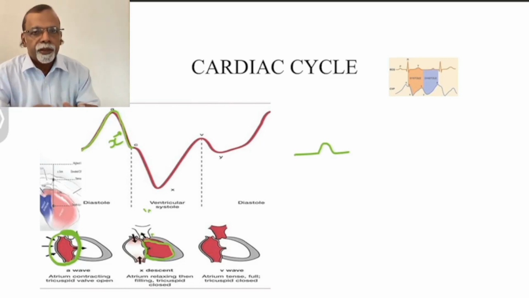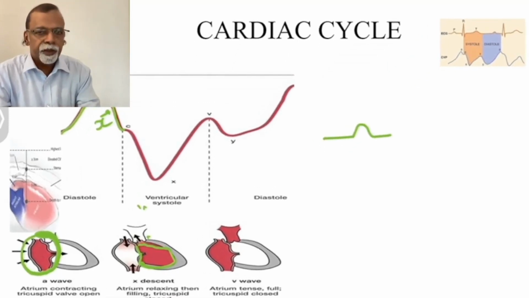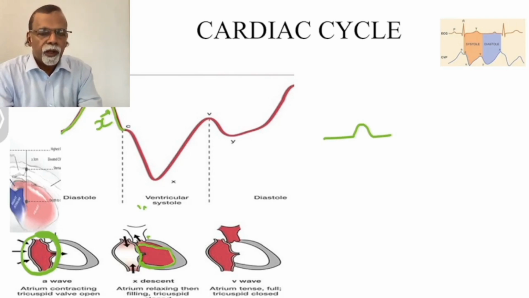When the ventricle contracts, the pressure inside the ventricle increases. That will produce rise in pressure, leading on to closure of the atrioventricular valve, and that produces the first heart sound. So now we know the mechanism of the first heart sound. First heart sound is produced due to closure of the atrioventricular valve, and here comes the S1.